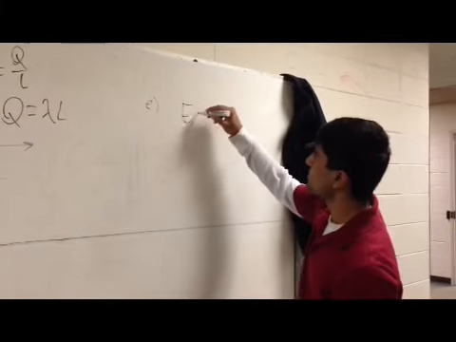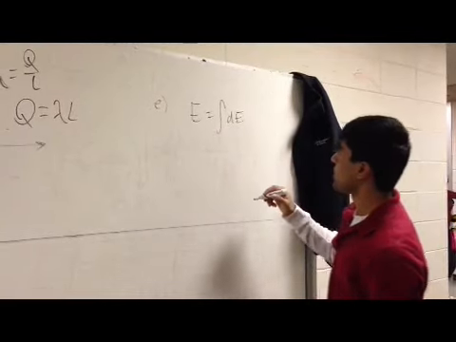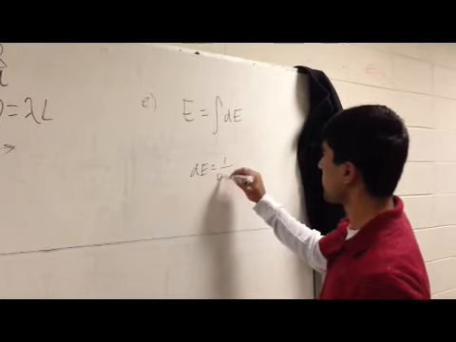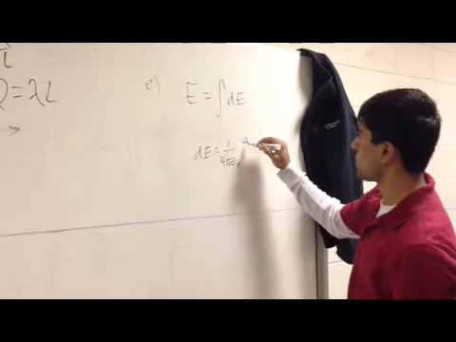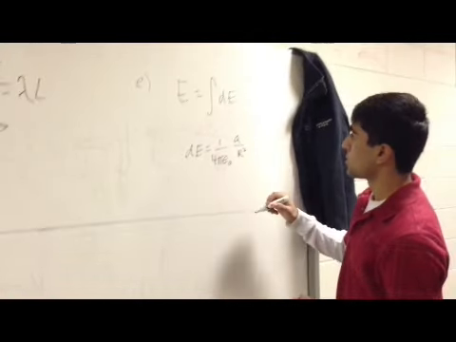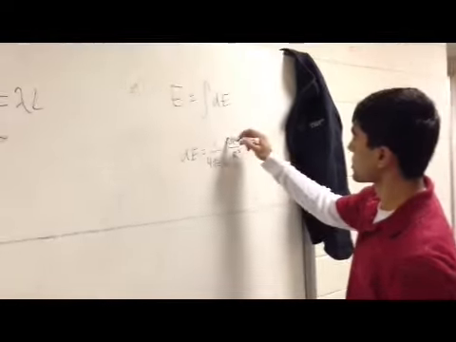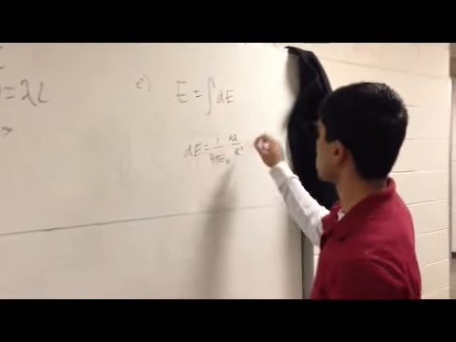E equals integral of dE, and dE we know is equal to 1 over 4 pi epsilon naught dq over r squared. So we just plug this in here.